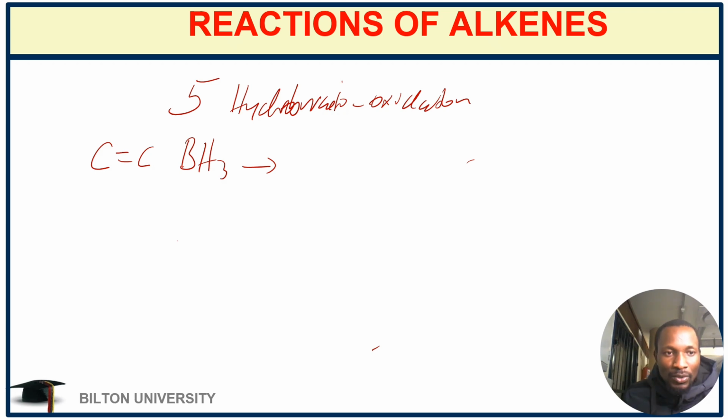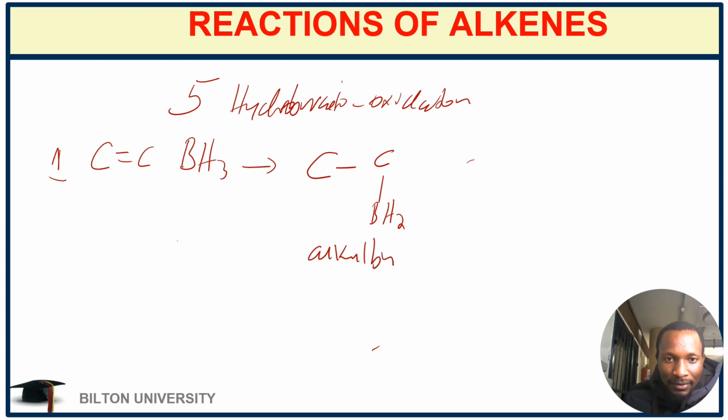So the first step is the hydroboration. Hydroboration is the addition of borane to a double bond to form alkyl borane, and our alkyl borane is going to be carbon and then BH2. So this is what we call alkyl borane.